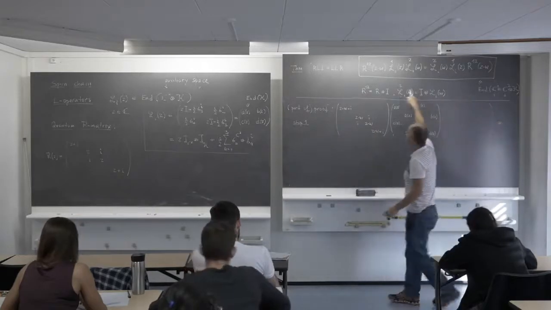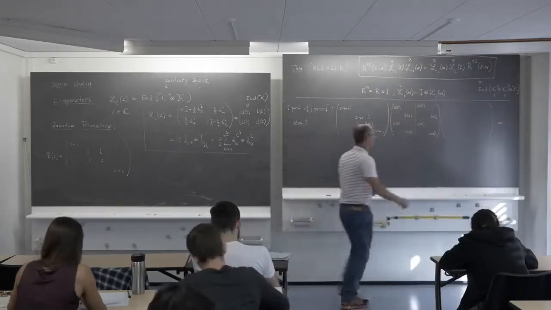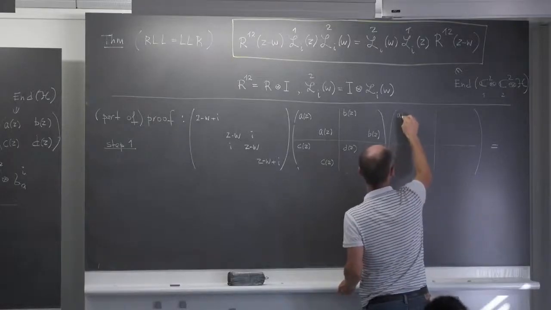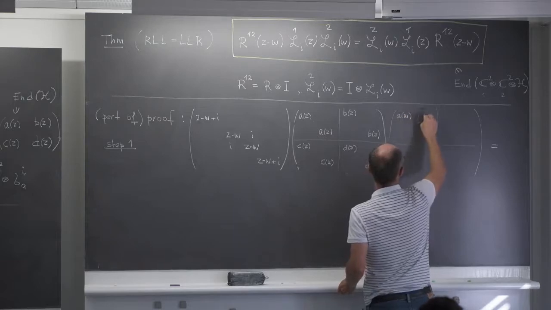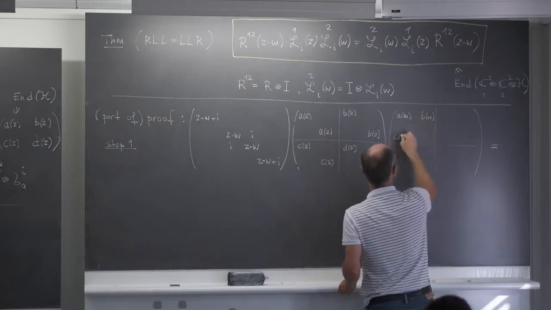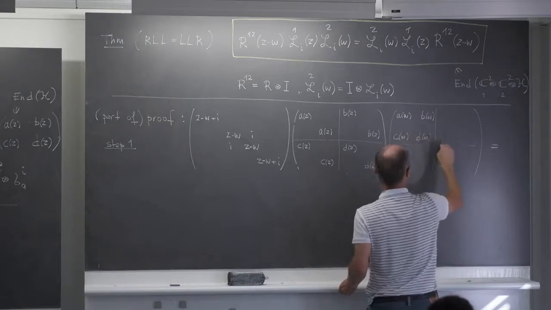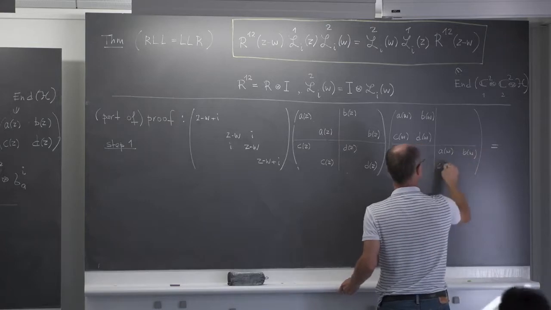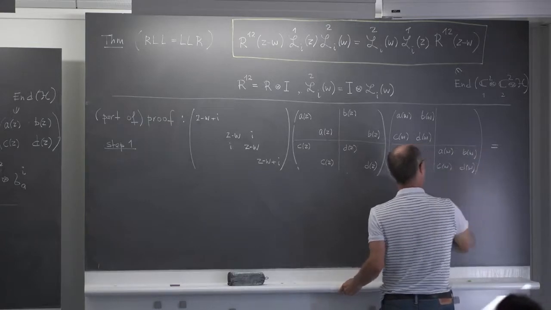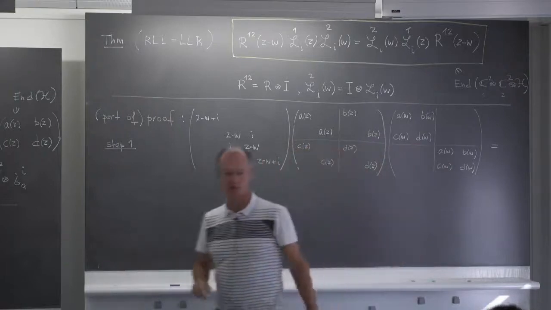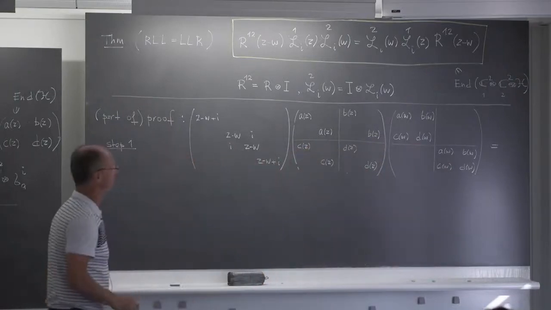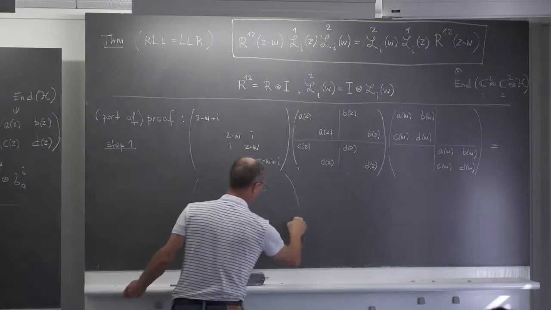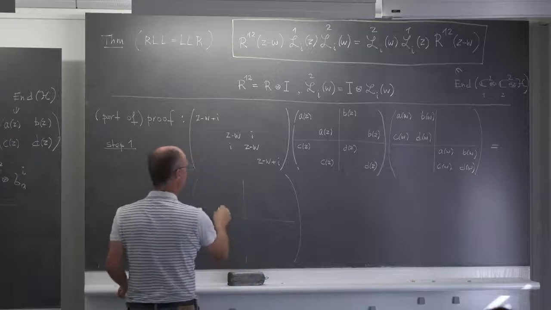Now, what about the second one? The second one acts in the second space. So, and it's multiplied by the unit matrix in the first space. So that's why it looks like this. Of course, now it gets easier, right?